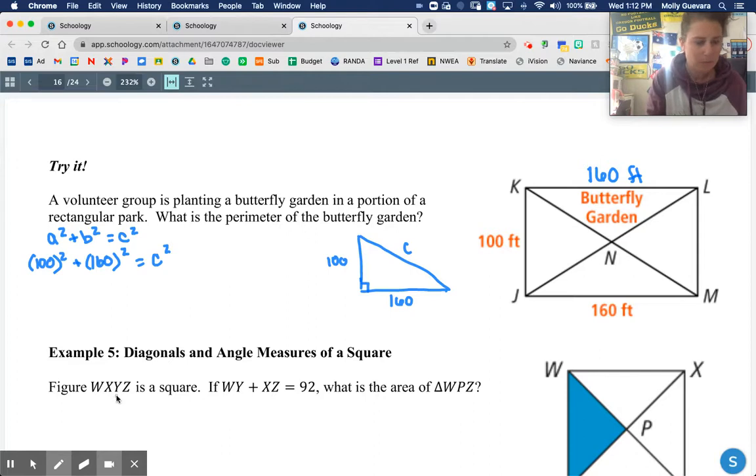Okay? And so we do the math on that. 100 squared is 10,000. 160 squared is 256, or sorry, 25,600. My bad.